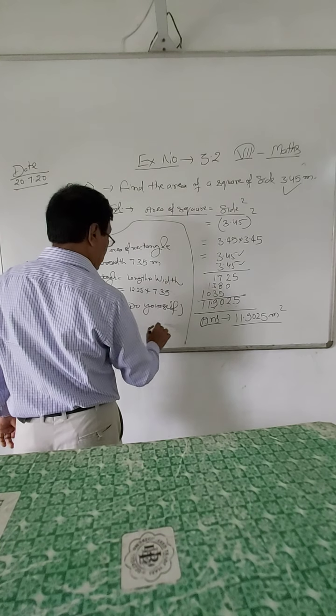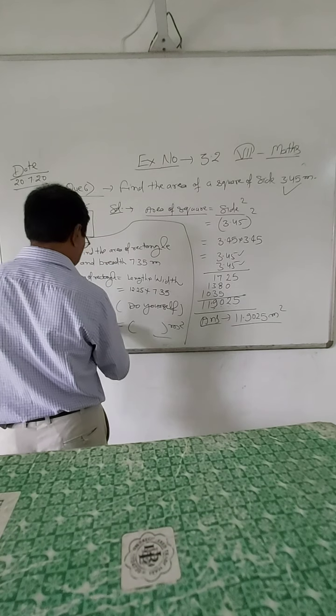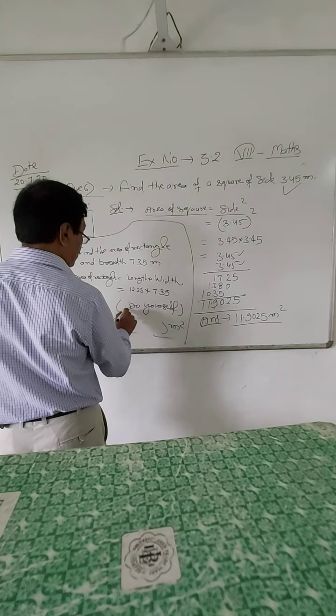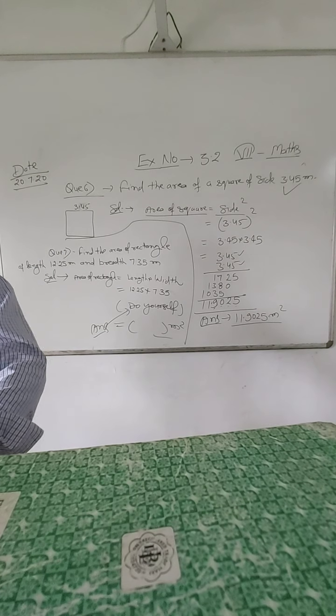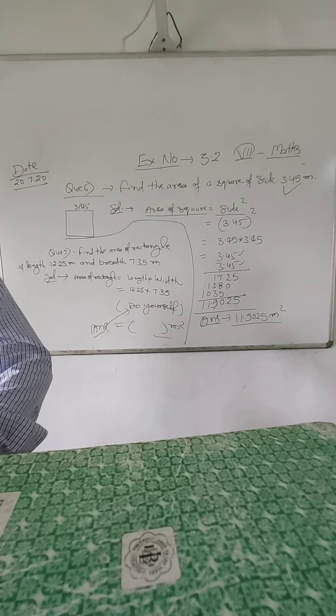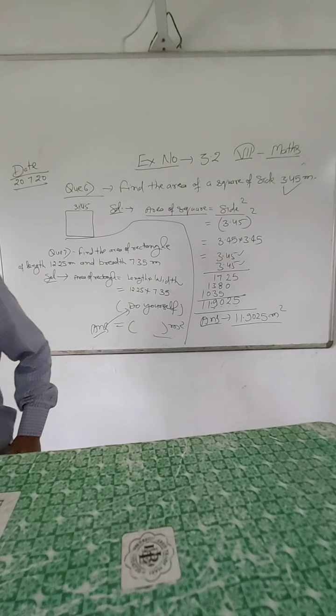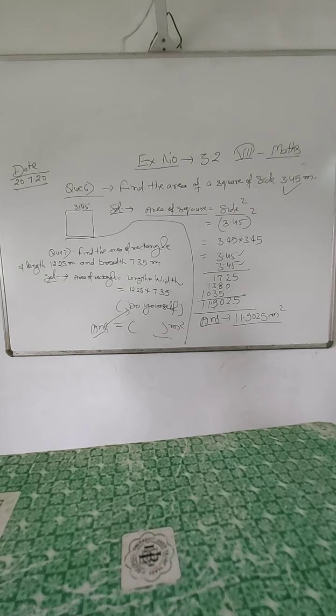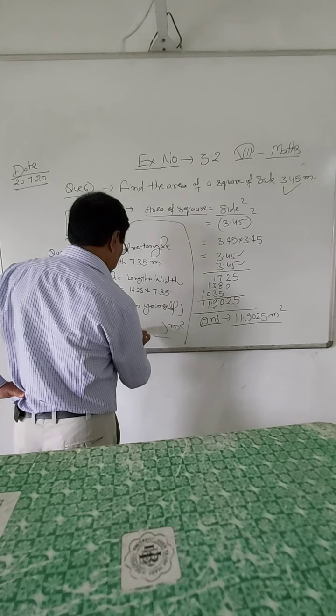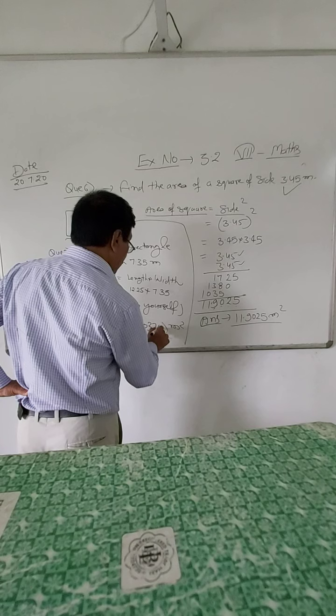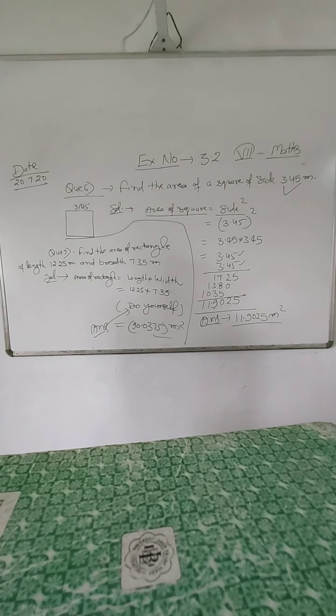Question number 7 is completed. Again I am giving you the answer: 90.0375 meter square.